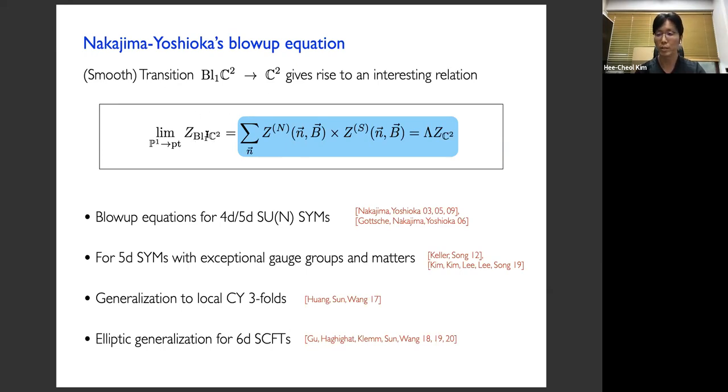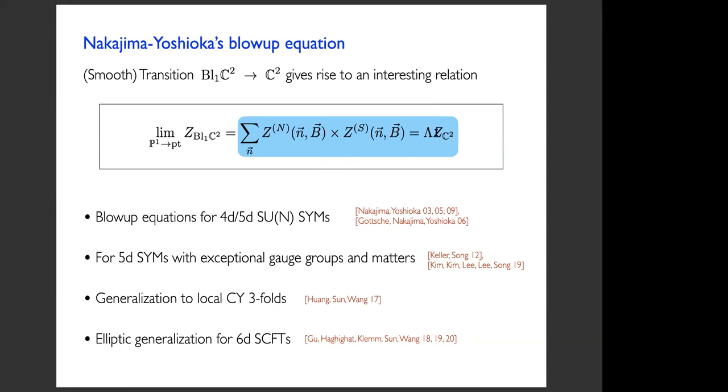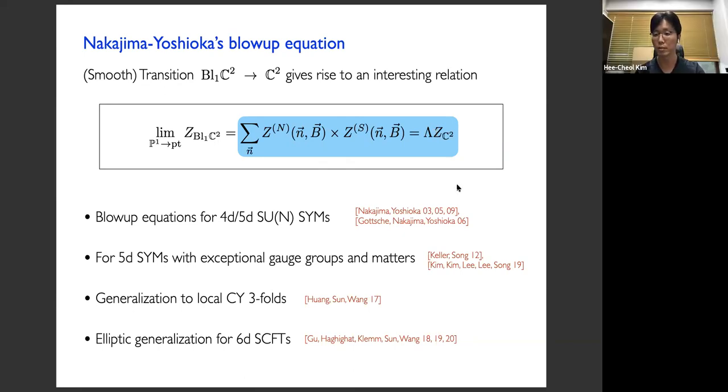Because this blowup partition function is independent of the volume of P1, after the transition, we will get the same partition function. But since we are now going back to the original C2, we can expect that the partition function should reduce to the ordinary C2 partition function. Okay, this will lead to the following interesting relation.